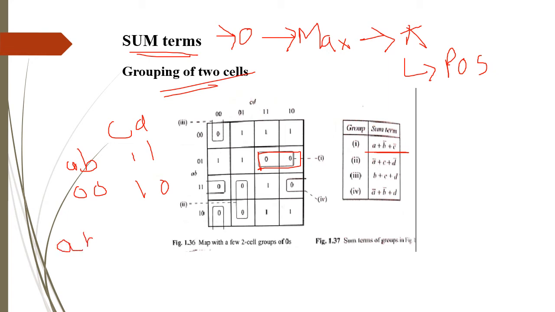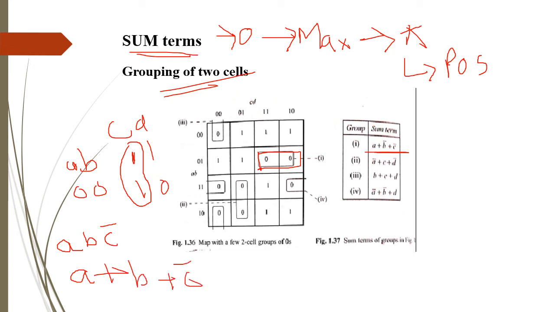Since your output will be evaluating to 0 and you are writing the sum term, wherever there is a 0 you write the literal as it is. If it is evaluating to 1, then you have to write it in the complemented form. So for example, here C is common and it is 1, so you have to write this as C bar, and while writing, it is A plus B plus C bar, since it is the sum term.